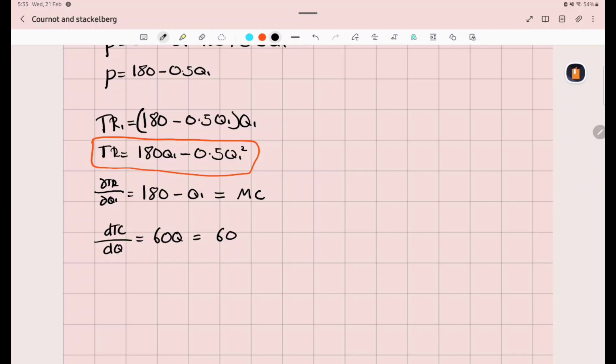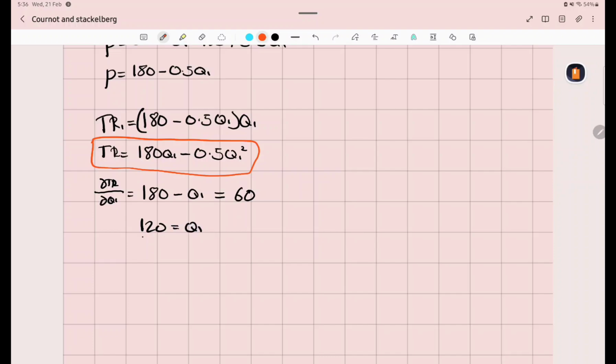So we're setting this equal to 60 and solving. 180 minus 60 is 120. 120 is your Q1.